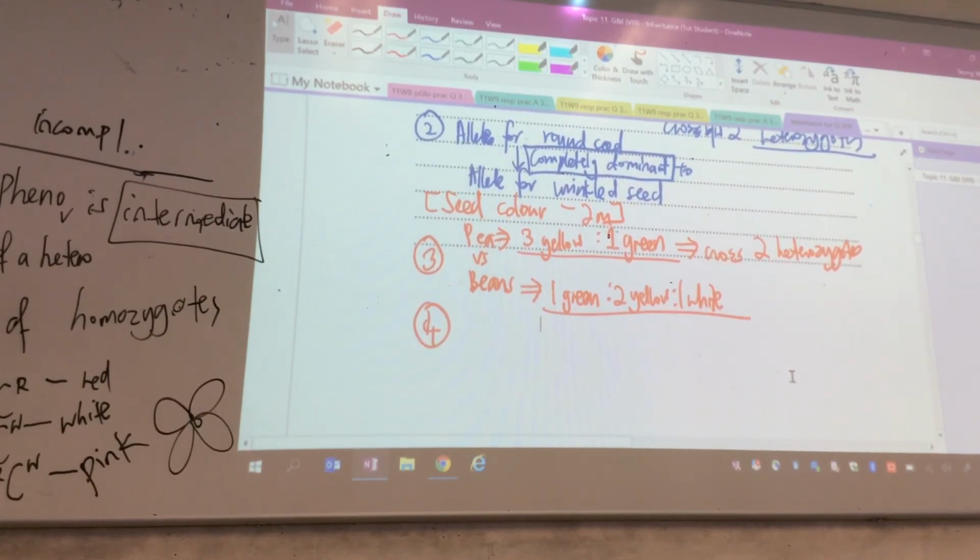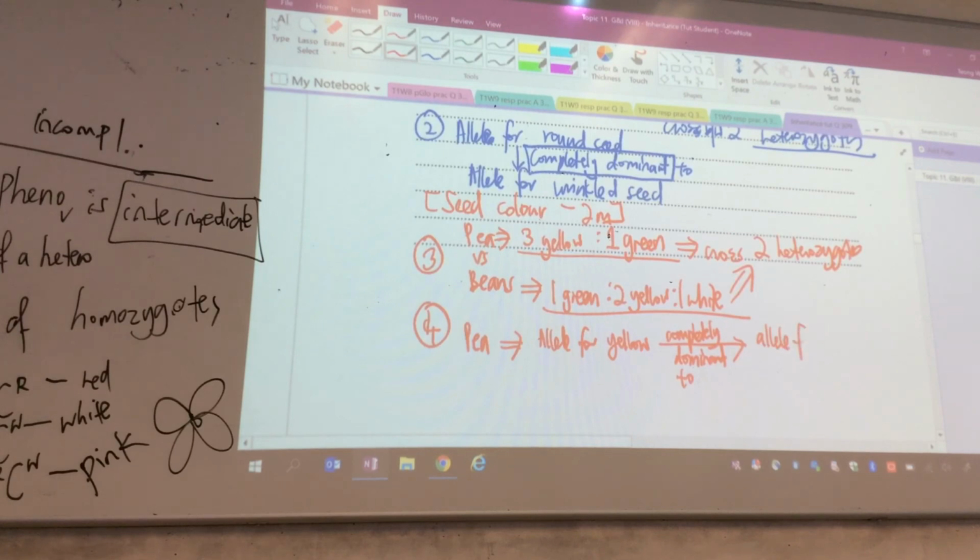So both are crossing 2 heterozygotes, but in one you get 3:1 and in the other you get 1:2:1. The reason for that is the allele relationship. In your pea plants, the allele for yellow is completely dominant over the allele for green.